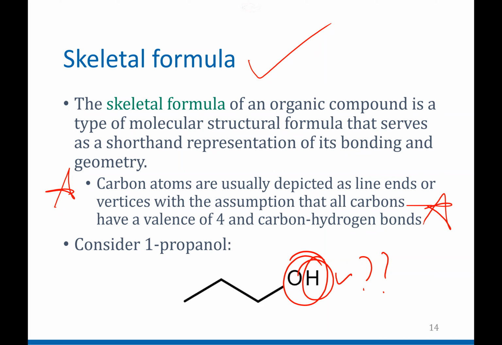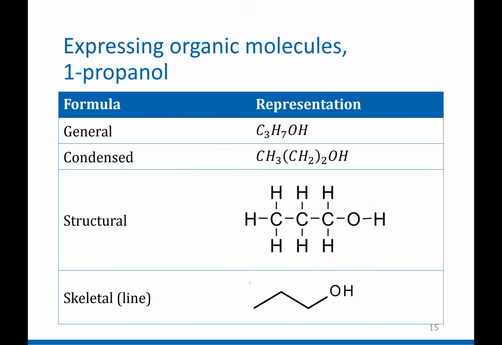And you assume that all carbons have a valence of 4. If I'm leaving anything out on these carbons, it's full of extra hydrogens. So this is like the skeleton of the compound. If that's still confusing, we're going to do a lot more of this in this chapter, so don't worry. This is a summary of what I just said.